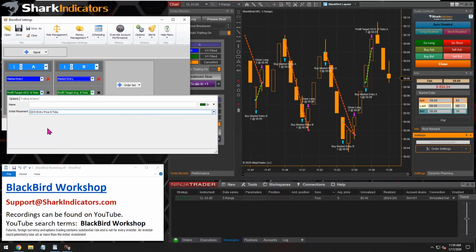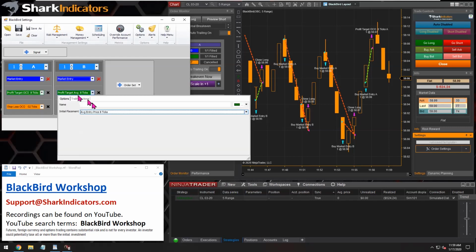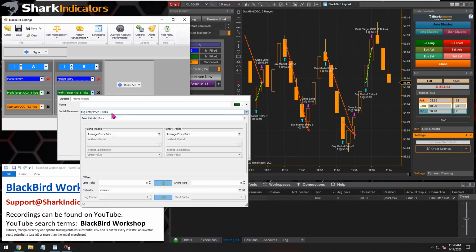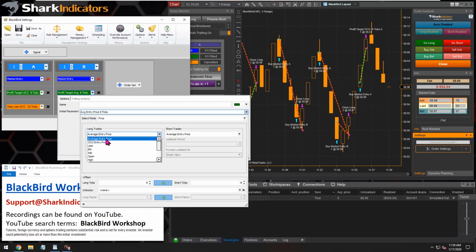So profit target B can't be set to the exact entry price for A, right? If you look at the available prices here, the entry price for order set A is not available. This OCO entry price is the entry price for B.